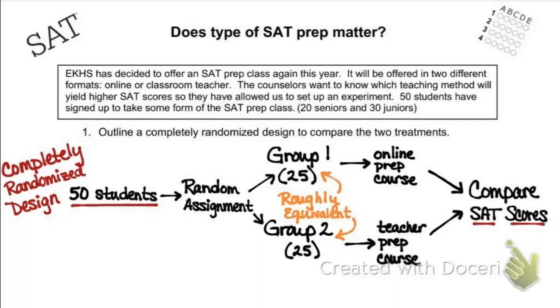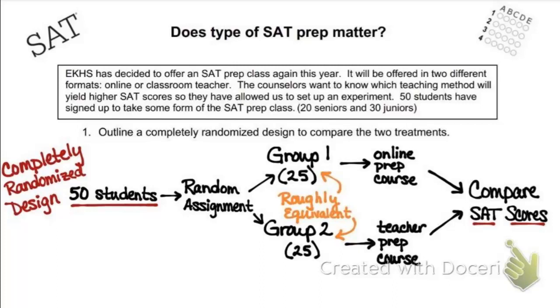Yep. Yes? So what I did was, where it says random assignment, I put random number generator assignment, and then in between the two groups, I put parentheses and put repeat. That would be fine. Just make sure that you're telling me how you're doing it. If you don't tell me that you've already numbered the students, then I don't know what that random number generator is doing. So you have to be explicit that we are numbering all the participants 1 through whatever.